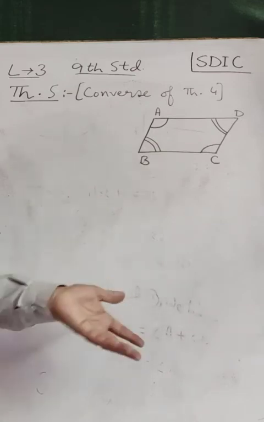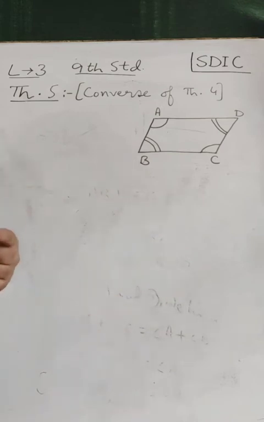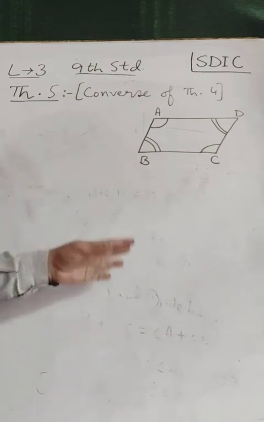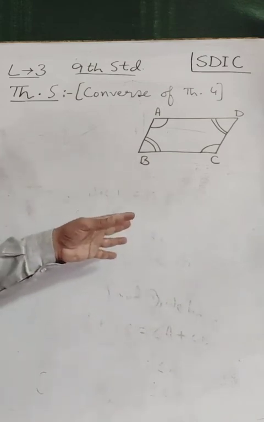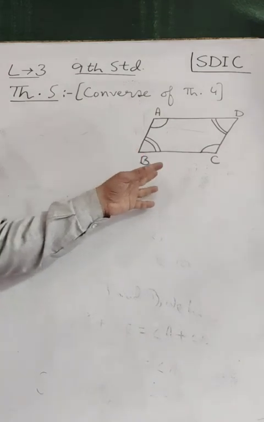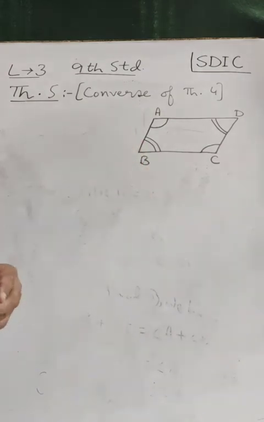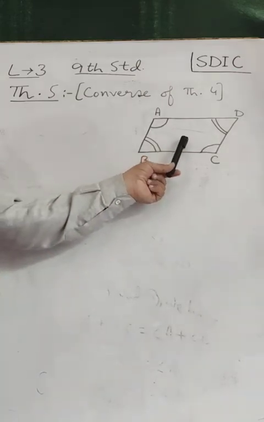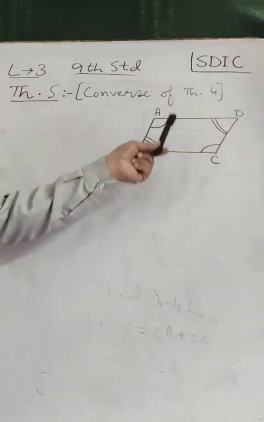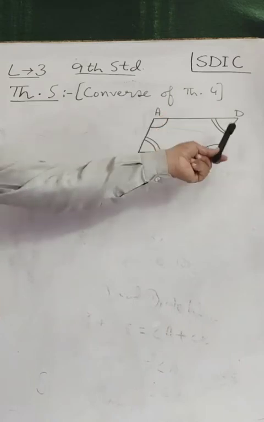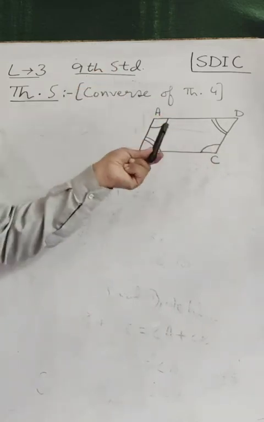We can use theorems also there. Definition also can be used there. But right now in the theorems, when you have to prove a quadrilateral is a parallelogram, you have to do it by using definition. Therefore, to prove this is a parallelogram, you will have to prove its both pairs of opposite sides are parallel. AB is parallel to CD, BC is parallel to AD, because that is the definition.